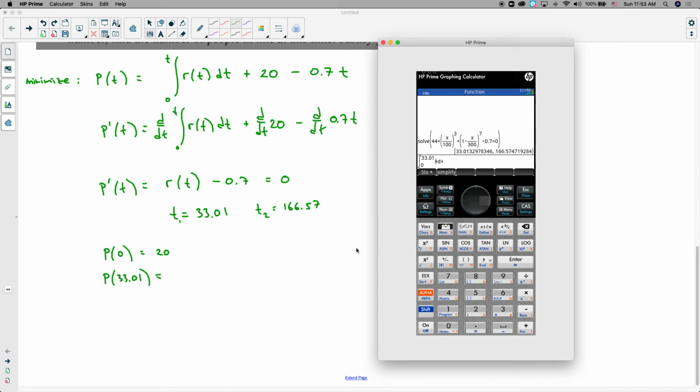And our function is inside of my paste. So there it is, and then that's going to be dx. Oh, I'm also going to add 20, and I'm going to subtract from that 0.7 times 33.01.